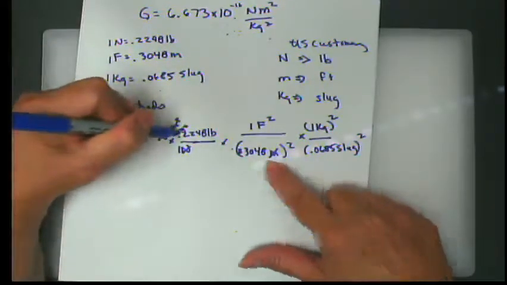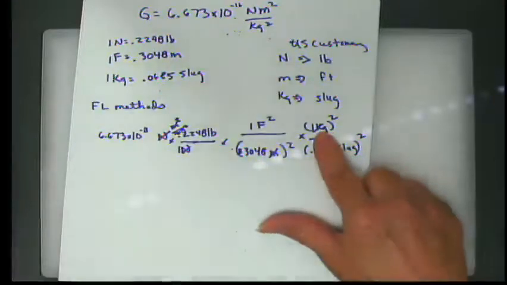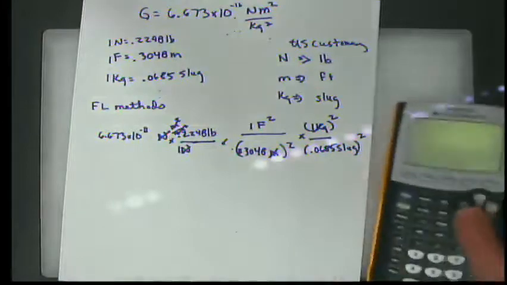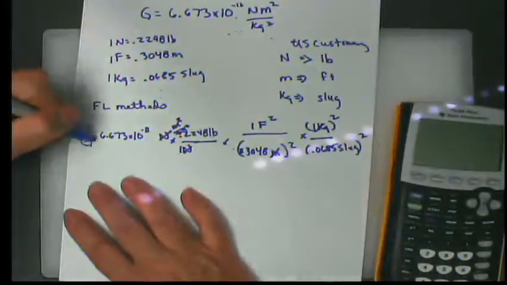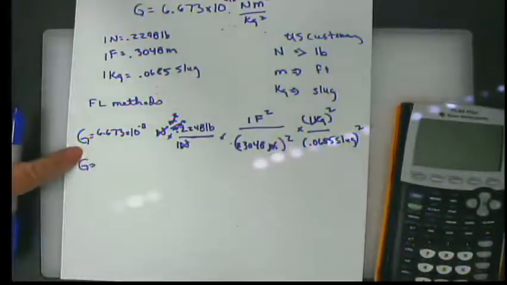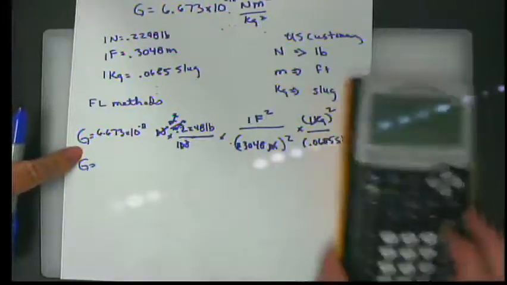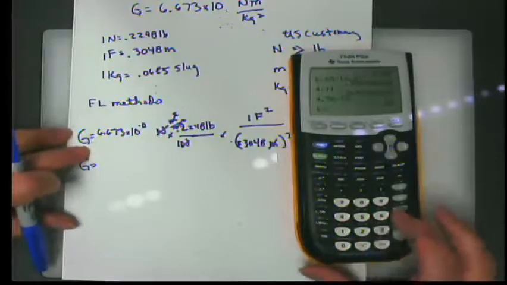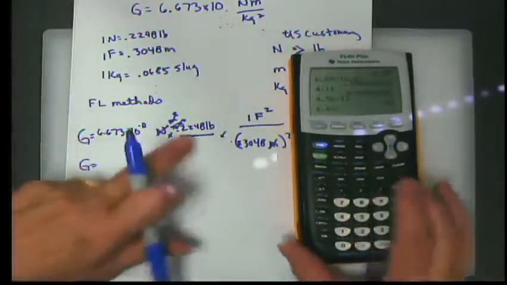And kilogram in the denominator goes against kilogram in the top. So the value that I would get for G would be, I don't know if you can see my calculator, there you go, 6.673.